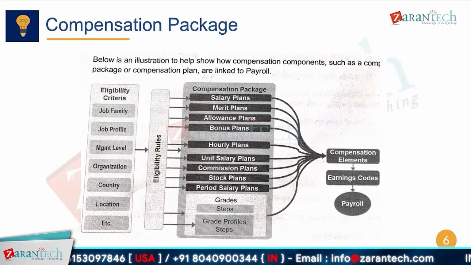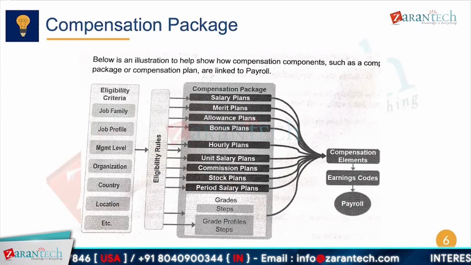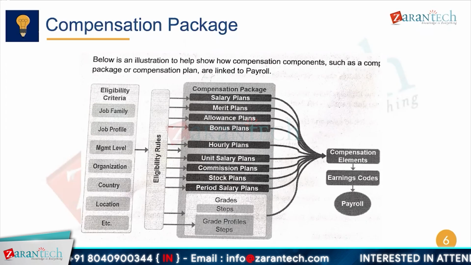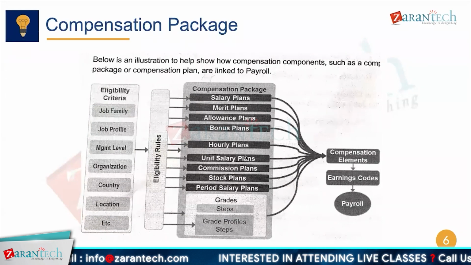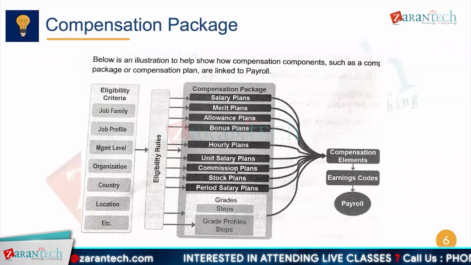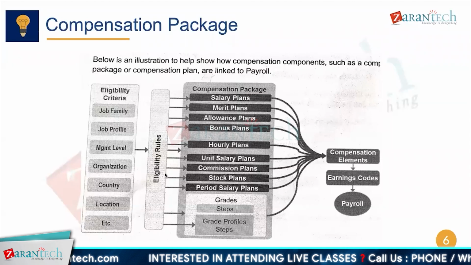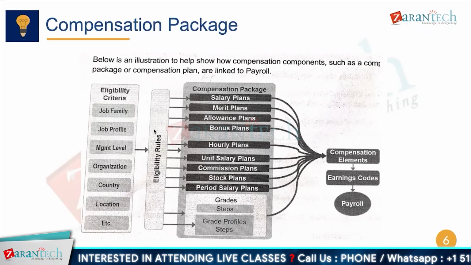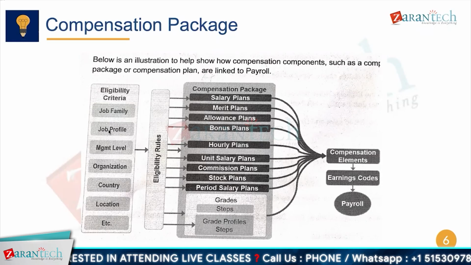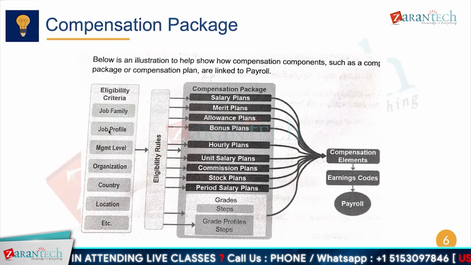For example, let's say customer service staff, or sales staff, and we want sales people to get a particular commission. A commission plan is something we can link to a particular job profile or job family. This is one of the examples.